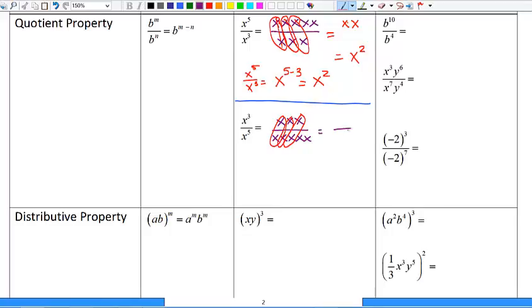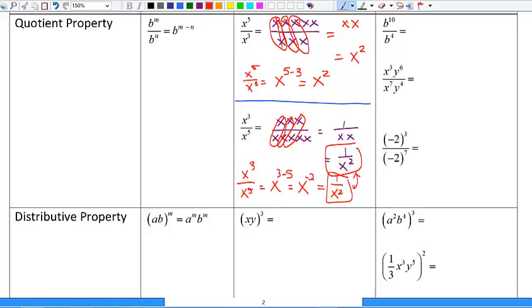I'm left with 2 x's on the bottom. And that results in 1 over x squared. So if we apply the same rule, if I have x to the 3 over x to the 5, and I subtract my top minus my bottom, that gets me x to the negative 2. And x to the negative 2 truly is 1 over x squared.